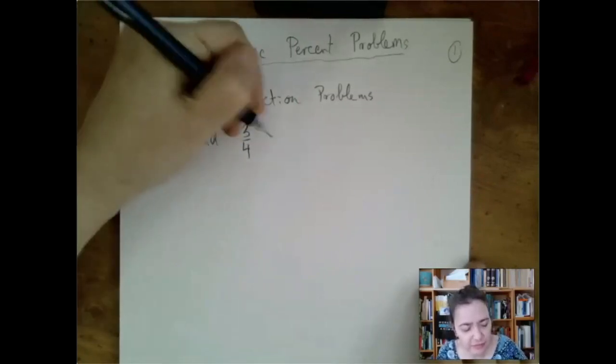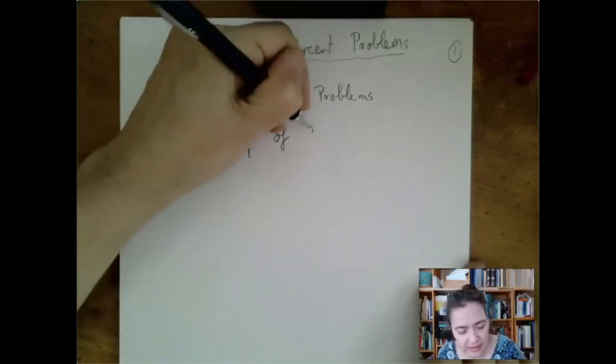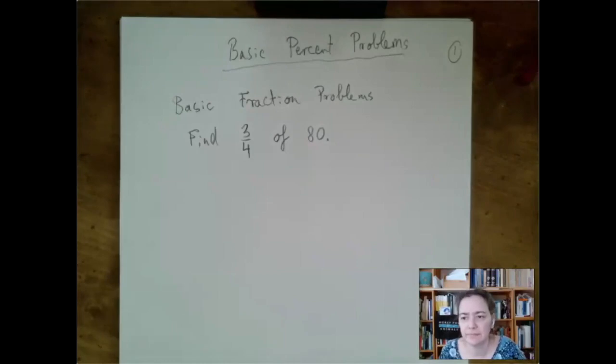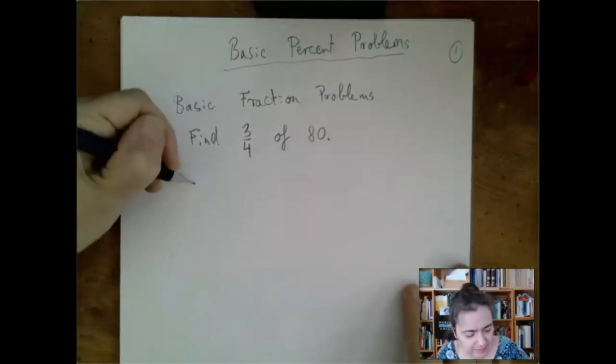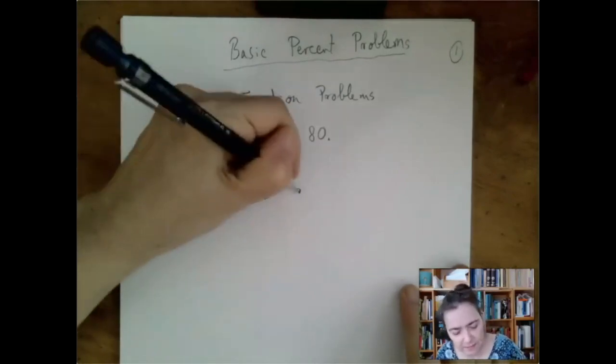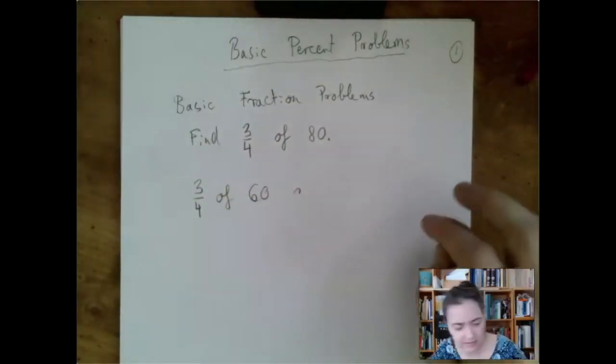Let's find 3/4 of, I don't know, 80. And by us, I mean you. 60? Yes, thank you. So we're gonna make a statement: 3/4 of 80 is 60. Great.